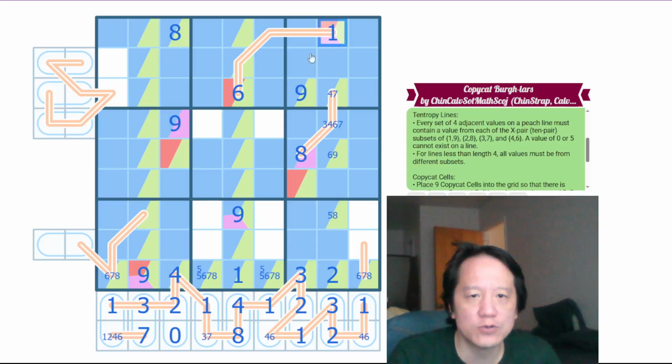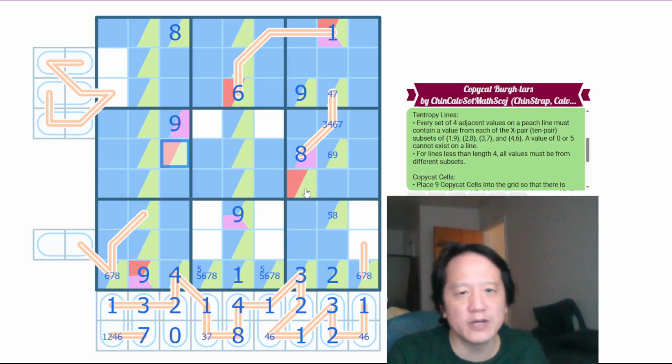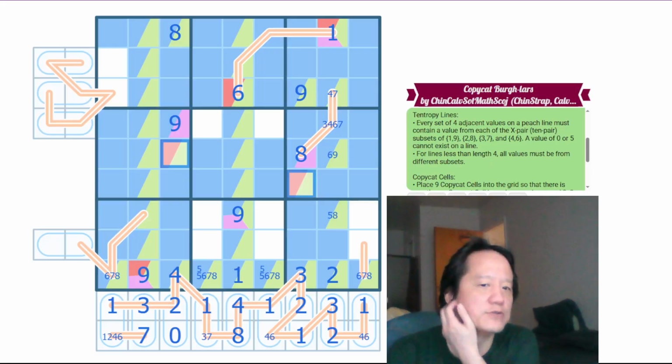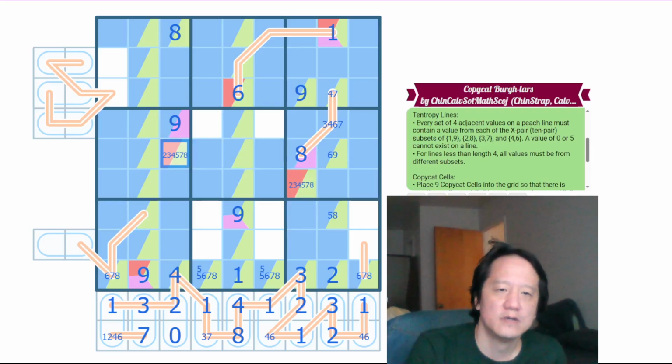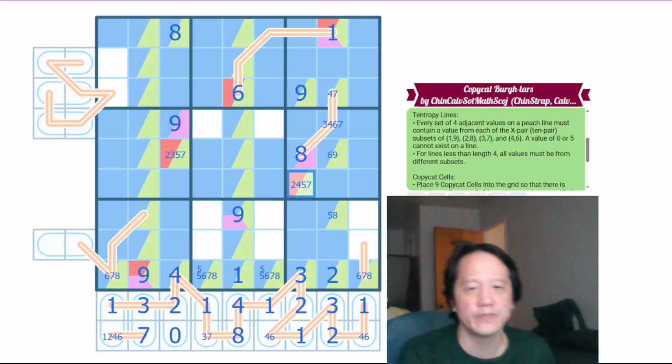Cannot be 1 or 6, or 9, because we have those in copycat cells. Yeah, the copycat cells remaining digits have to be 2, 3, 4, 5, 7, 8. No 4, 8 here because of 4, 8 in the column. No 8 here or 3 because of 3 or 8 in the column.